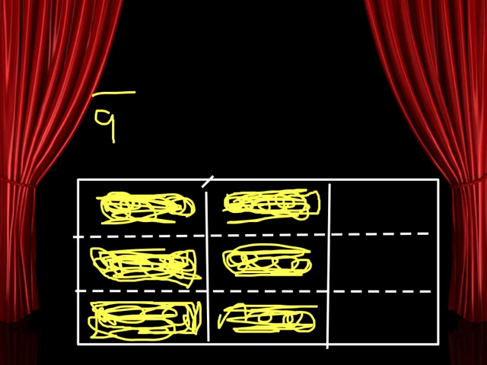Now we have to count how many are used or colored in. 1, 2, 3, 4, 5, 6. 6 of them are being used. And we want to figure out what the equivalent fraction of 6/9 is by dividing.